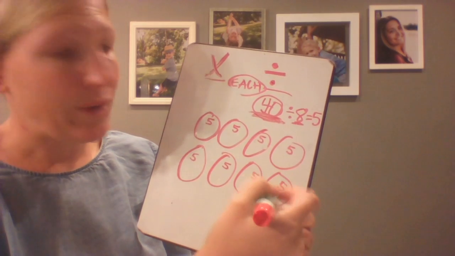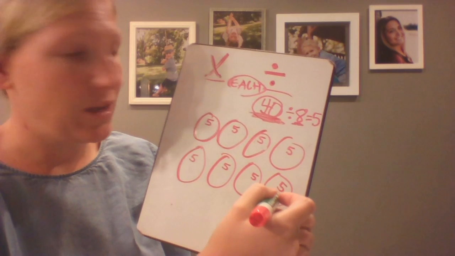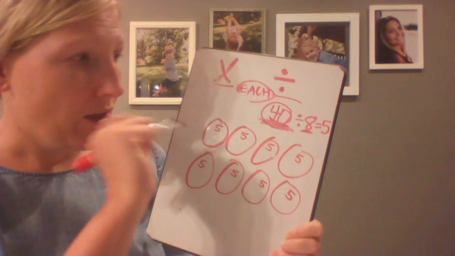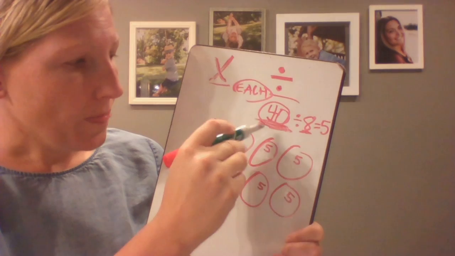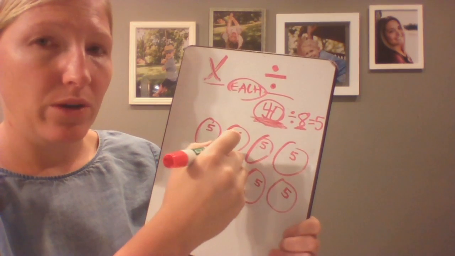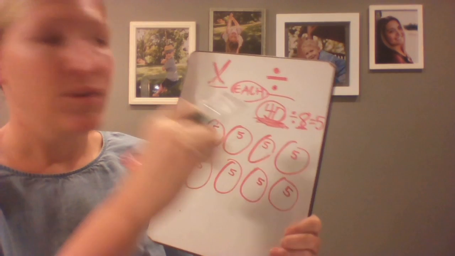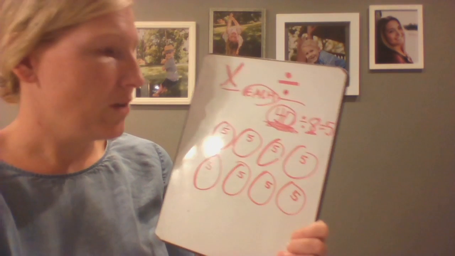So obviously we already knew that 5 was the answer or the quotient in this case. But look at how much faster and more efficient that was, counting out by 5s rather than doing it by 1s. So let's do another one.